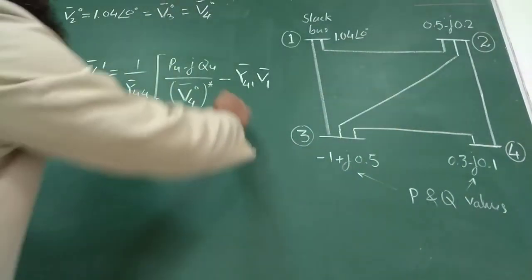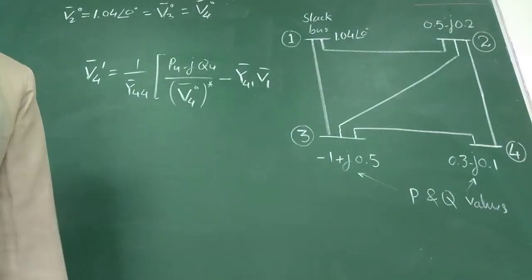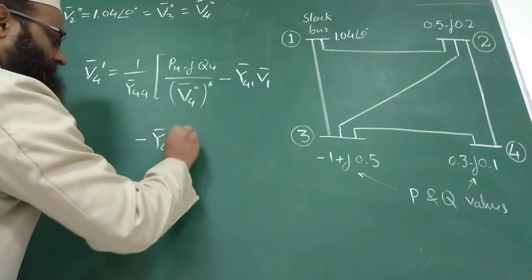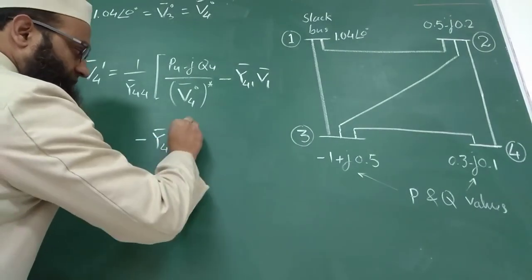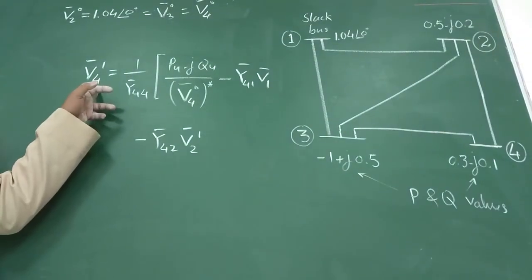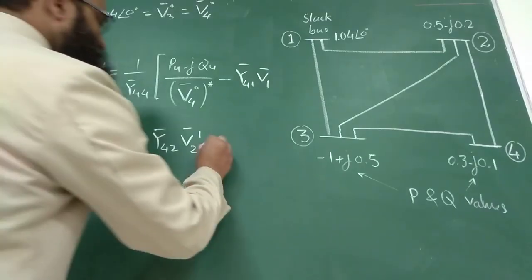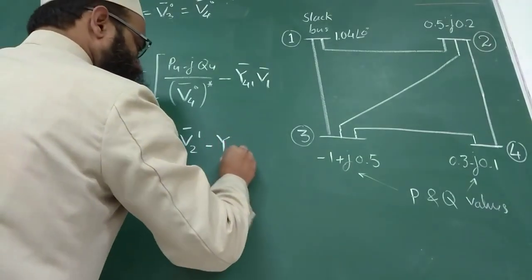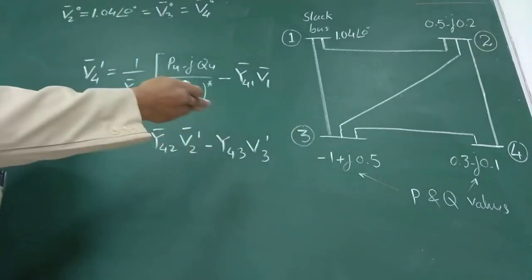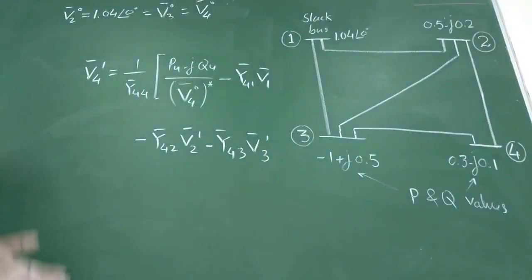So next will be YIK VK. So Y1 V1, Y2 V2, that is 4 to V2. So minus Y42, tell me, V2 1, right? Up to I minus 1, that is up to 3, the variables has been updated in present iteration. So next will be Y43 V3, we have evaluated, right? And any other term?